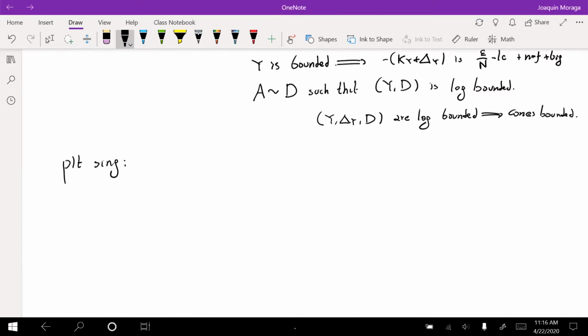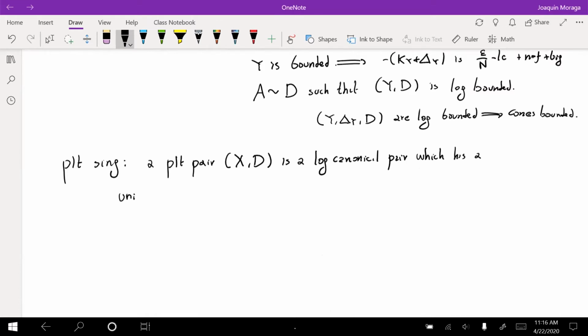Essentially, a Plt pair (X, D) is a log canonical pair which has a unique divisor E over X with log discrepancy a_E(X, D) equal to 0.